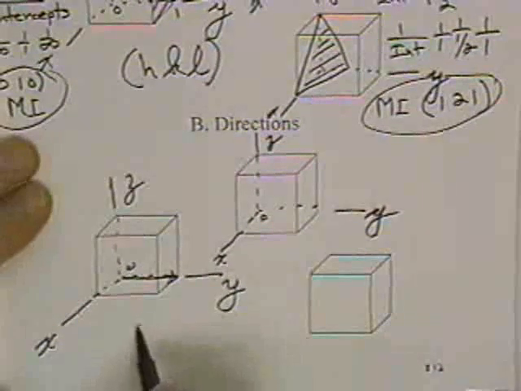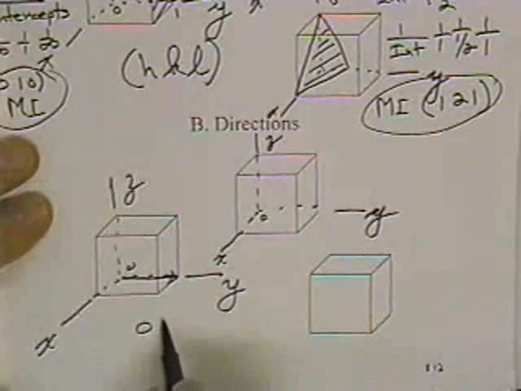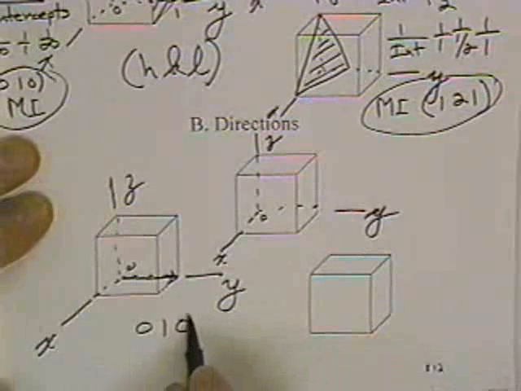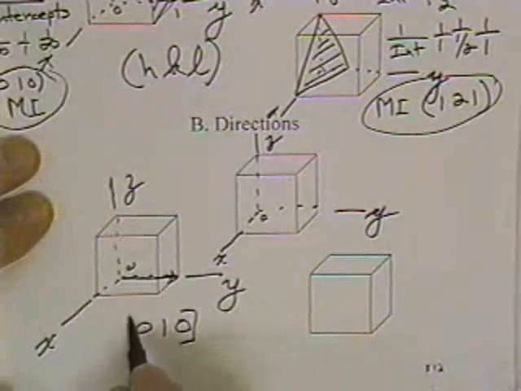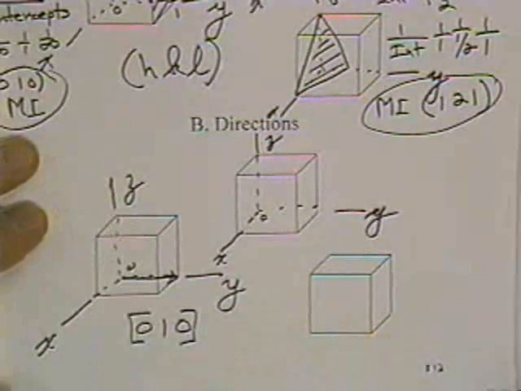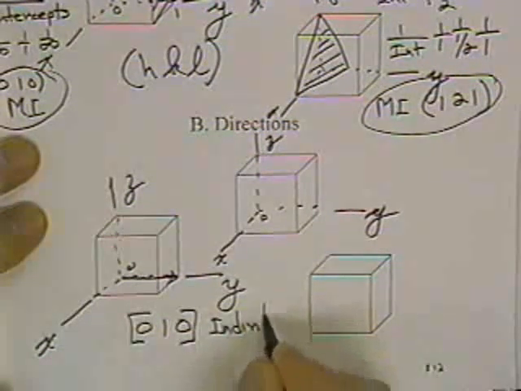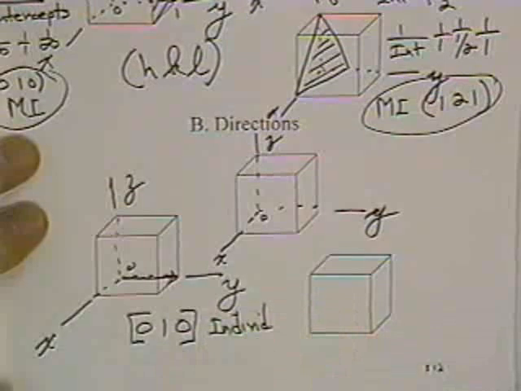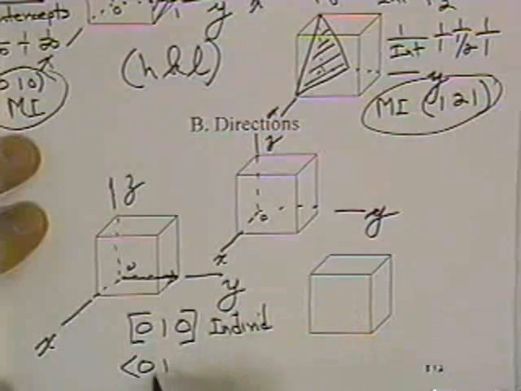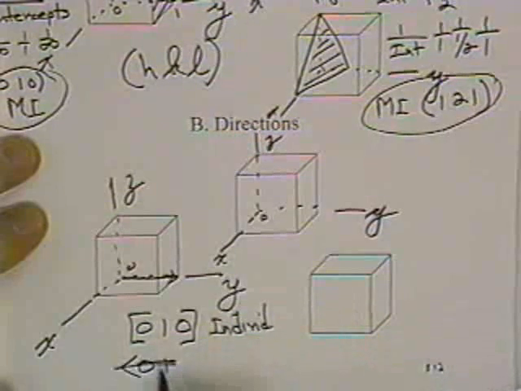So the direction is 0 in the X, 1 in the Y, 0 in the Z direction. And directions are indicated with brackets. That would be an individual direction. Families of directions are indicated with these caret marks.